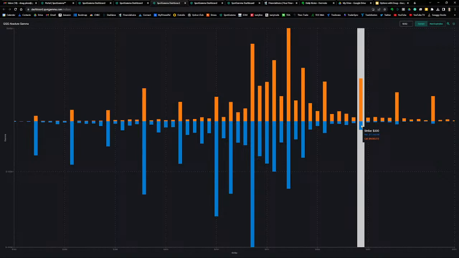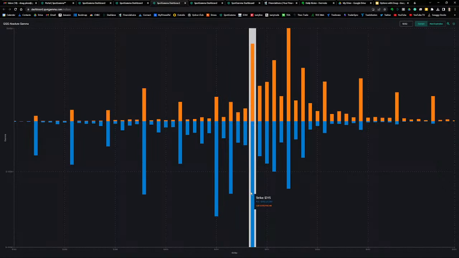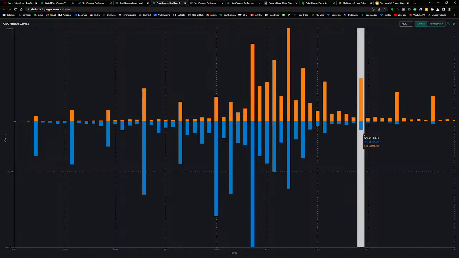So for QQQ, the volatility trigger did shift lower from 319 yesterday to 317 today, and the put wall shifted lower from 315 yesterday to 310. So the put wall is lower. The key gamma strike remains at 315, and then also the call wall remains at 330.